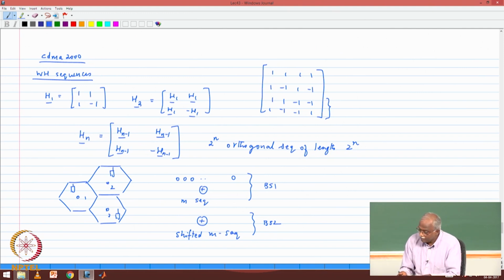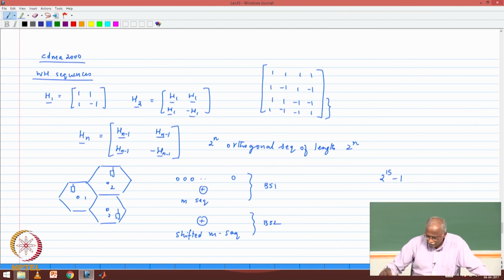Now remember I told you that because of multipath you cannot have some of them omitted. So they said not a problem, we will take a very long sequence, 2 to the power of 15, that means a primitive polynomial of order 15. So you will get a sequence of length 2 to the power of 15 minus 1.